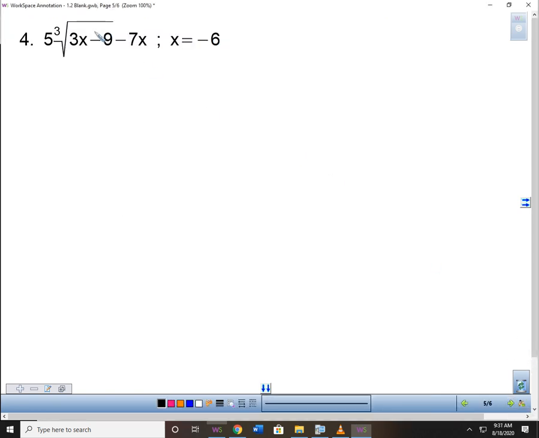Okay. So we're going to plug in -6. So I've got 5 times the cubed root of 3 times -6 minus 9. Always make sure your root covers everything that's underneath it. All right, minus 7 times -6.